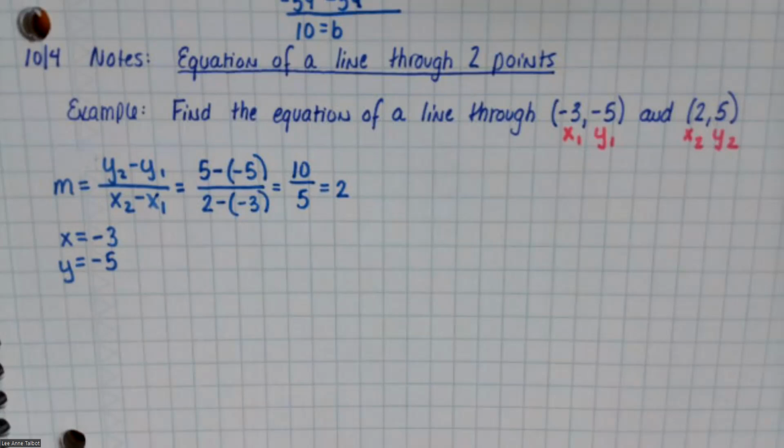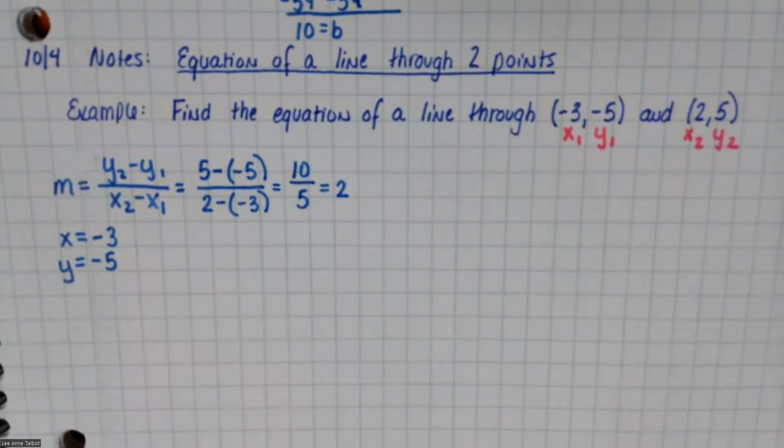Okay, so let me pause just to make sure, this is maybe the most important thing you learn the whole semester. Take the 2 points, find the slope. We're all good with that. We practice that a lot. I know sometimes we mess up on the negatives, but we understand the concept of it.